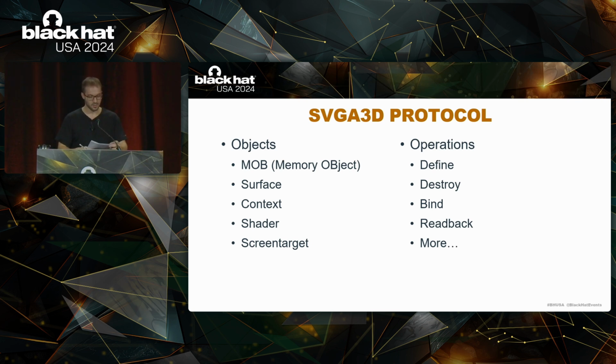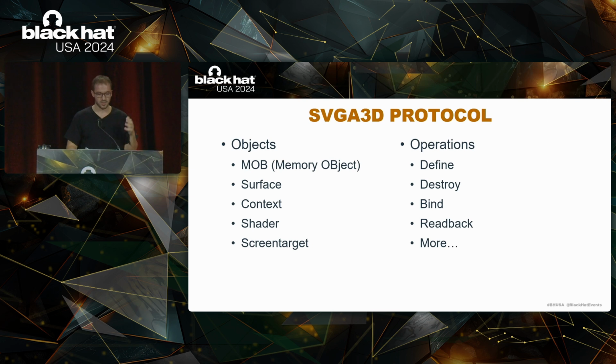Basically, there are at least 4 different operations for the SVGA objects, which you can see in the list on the right. For example, you can define a surface or you can destroy a surface. Memory objects, or mobs for short, are the only objects that are not graphics related per se.